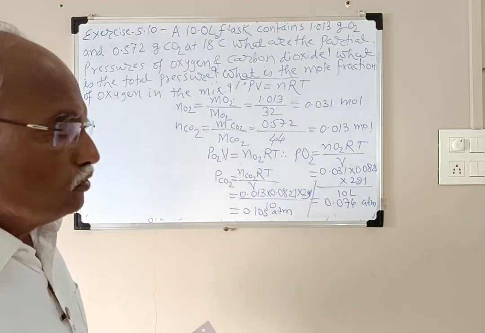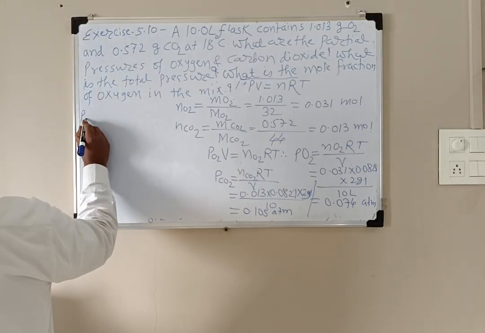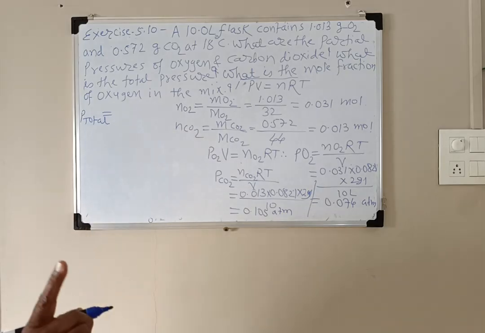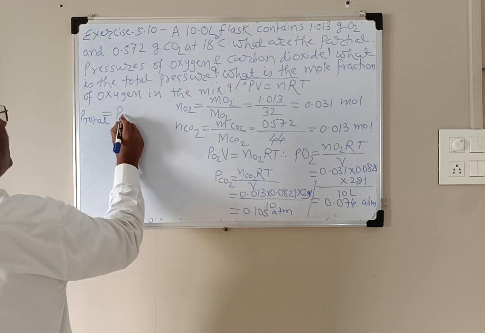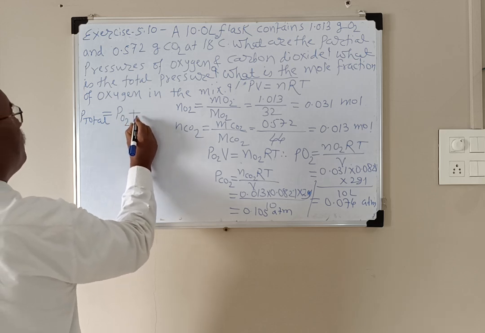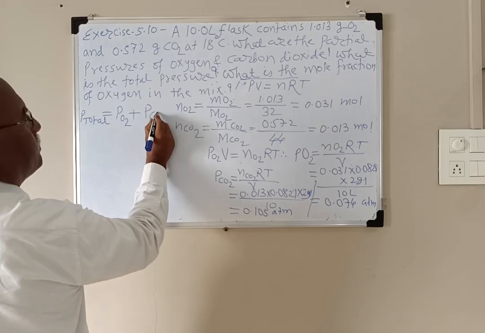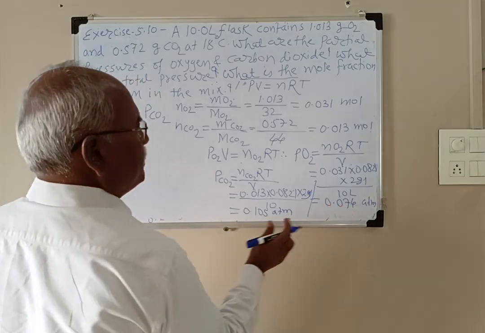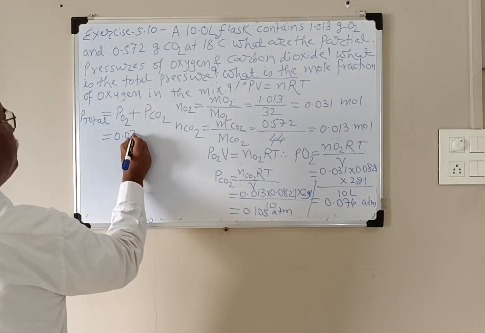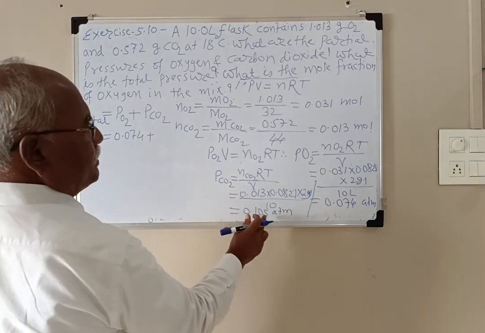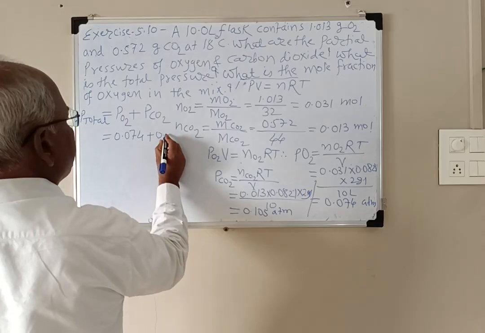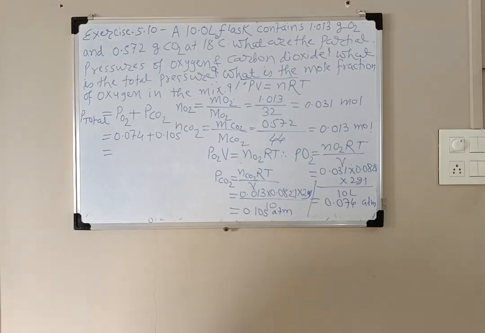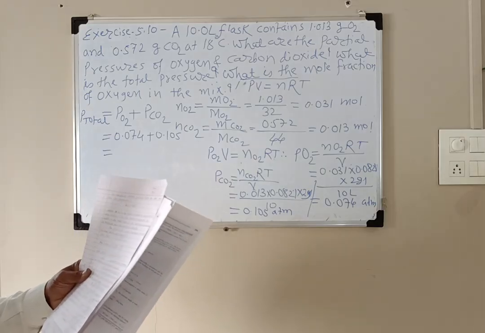So here, total pressure exerted by the mixture is equal to partial pressure of O2 plus partial pressure of CO2, that is equal to. Partial pressure of O2 we have calculated 0.074, partial pressure of CO2 0.105, that is equal to. Add these two terms, find out the answer.